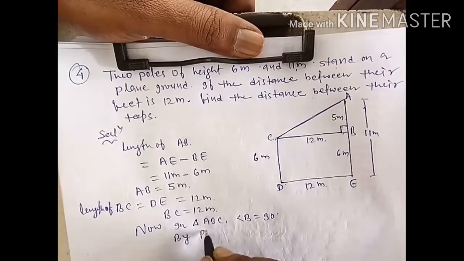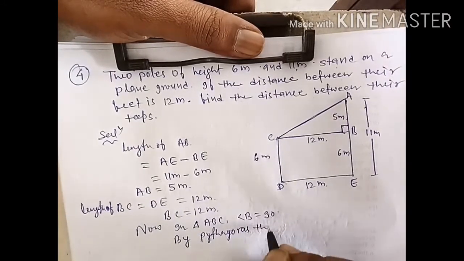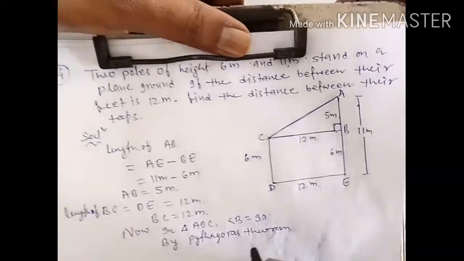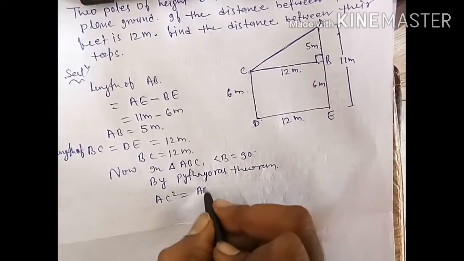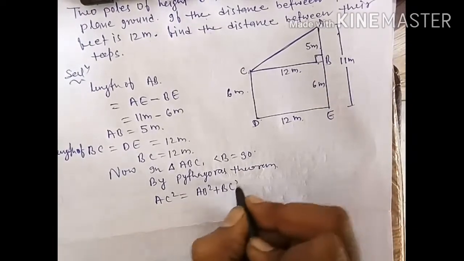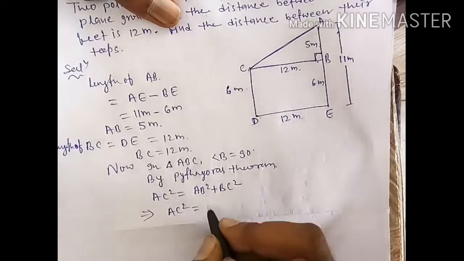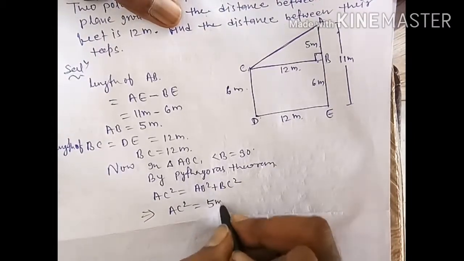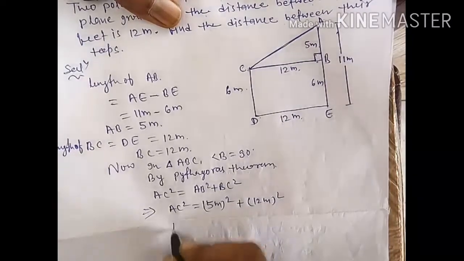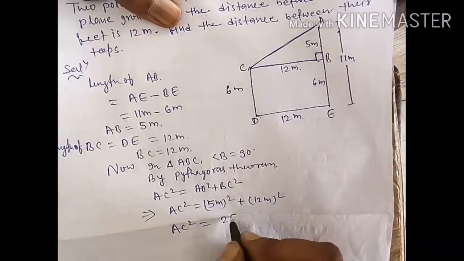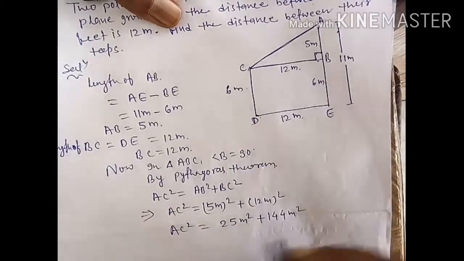Then by Pythagoras theorem, AC square is equal to AB square plus BC square. Here AC is not given but AB is equal to 5 meter and BC is equal to 12 meter. So we can write AC square is equal to 25 meter square plus 144 meter square.